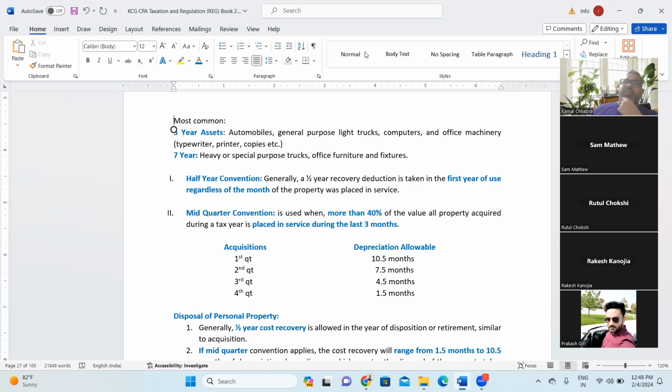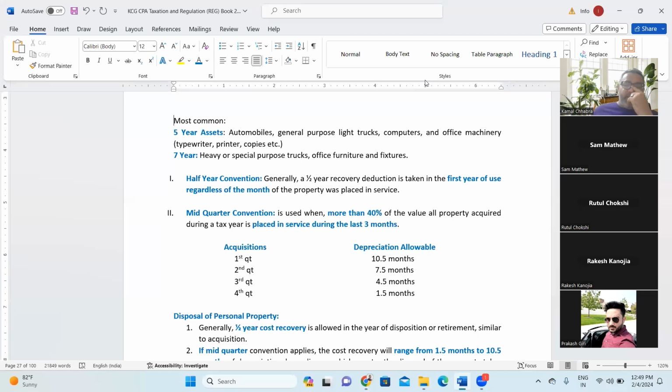The assets which come under the 5-year bracket include automobiles, which is your car, trucks, right? Then general purpose light trucks, computers, and office machinery like typewriter, printer, copier. They all come under the bracket of 5-year assets. 7-year assets include heavy or special purpose trucks, office furniture, and fixtures.